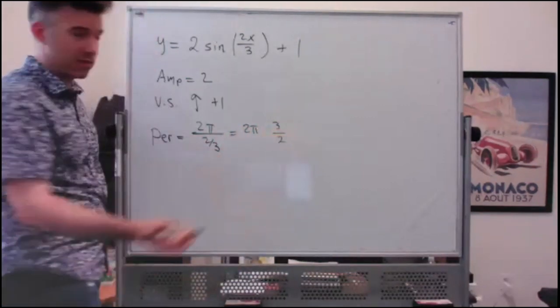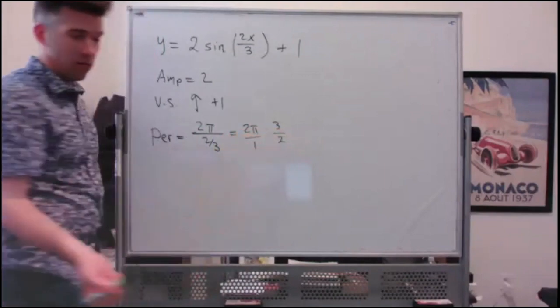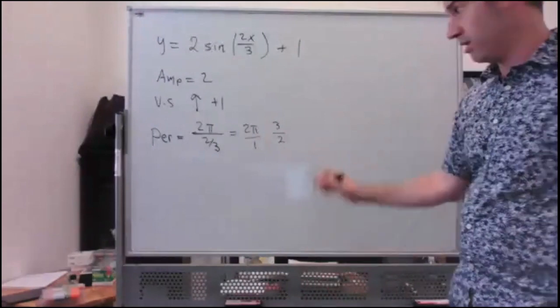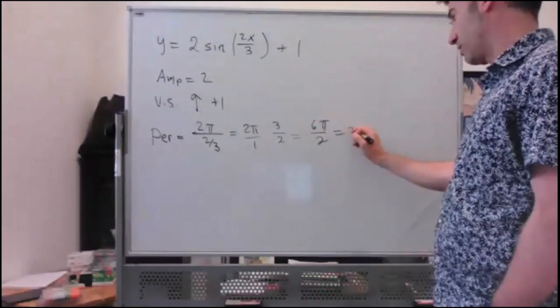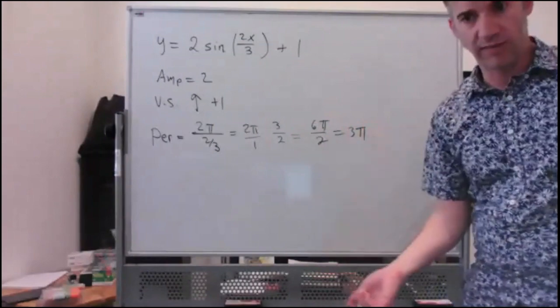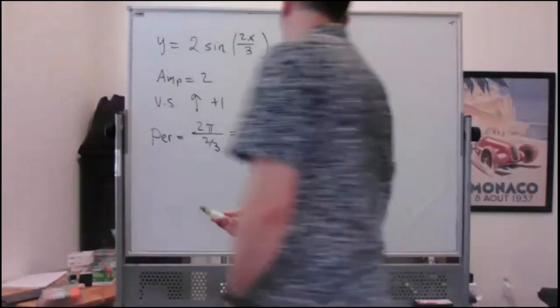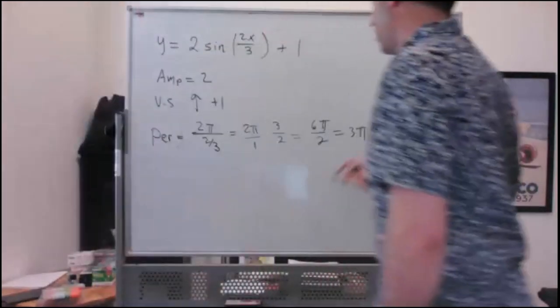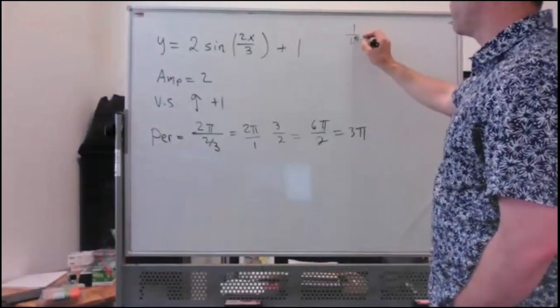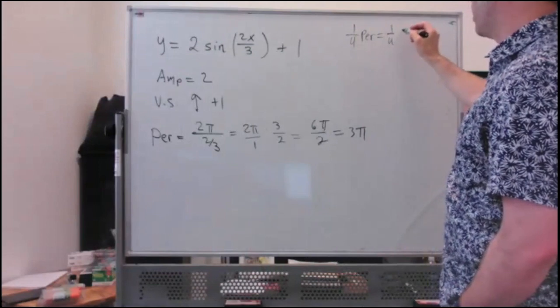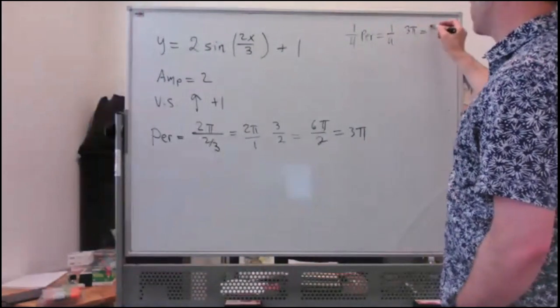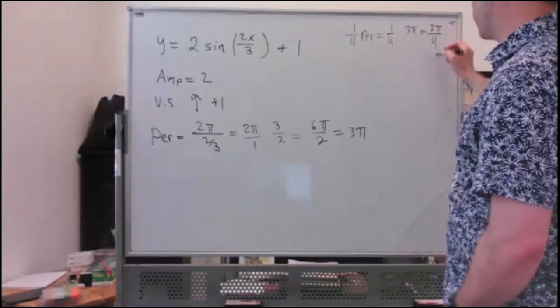That's 2 pi times 3/2, or 2 pi over 1 times 3/2. You can either cancel those 2's and get 3 pi, or you can say 6 pi divided by 2, which is 3 pi. Whatever way you get there is fine. And then I'll draw my graph down here. 1/4 of my period is 1/4 of 3 pi, which is 3 pi divided by 4.